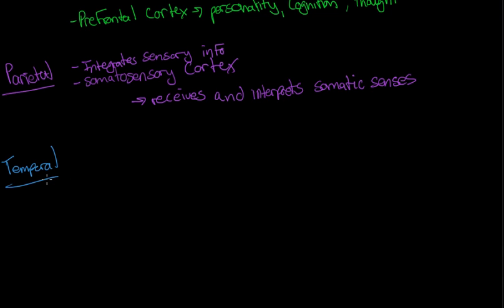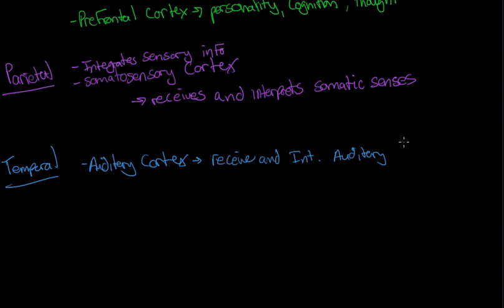The temporal lobe, excuse me, is going to have both the auditory cortex and the olfactory cortex. The auditory cortex is going to receive and interpret auditory stimuli. So hearing. And olfactory cortex.